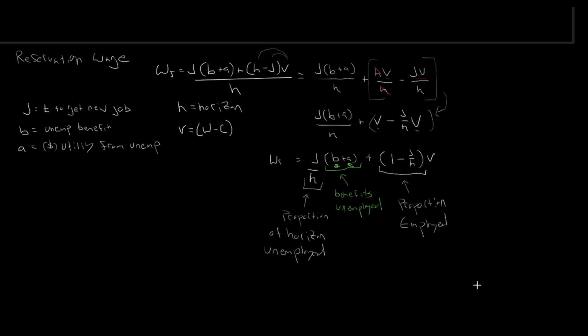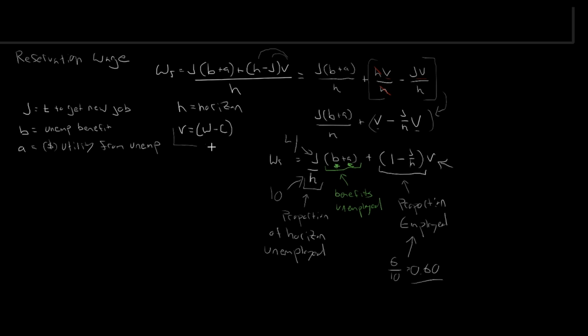So if I say, hey, I'm walking away from my job, I'm unemployed, well, for 40% of the time, again, presuming that it takes us 4 weeks out of the 10 to find a new job, I'm getting these unemployment benefits. That would mean 6 out of 10, or 60% of the time, I'm employed, and for that employed portion, earning V.